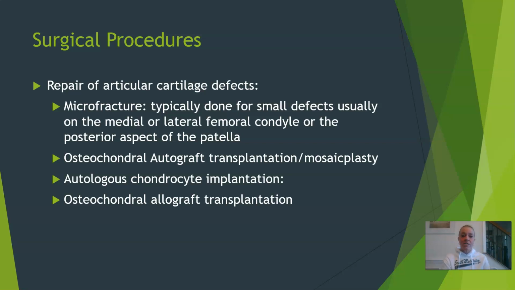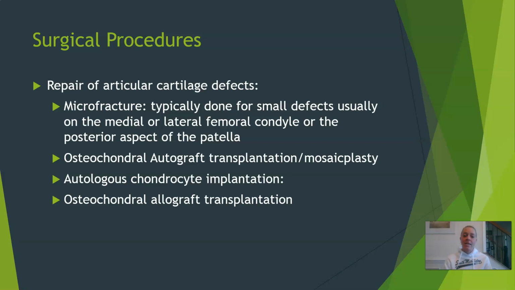So microfracture is where they go in and they do tiny little microfractures to the bone, to the tibial plateaus or the distal femoral condyles, in order to try to stimulate more articular cartilage growth. They can do an osteochondral autograft transplantation or a mosaicplasty, which is again where they're taking chondrocytes from another non-weight-bearing site of the body and trying to stimulate more cartilage growth and then reinserting them into the knee.